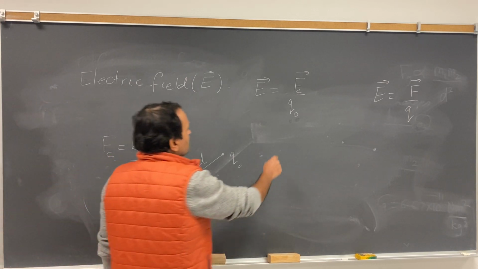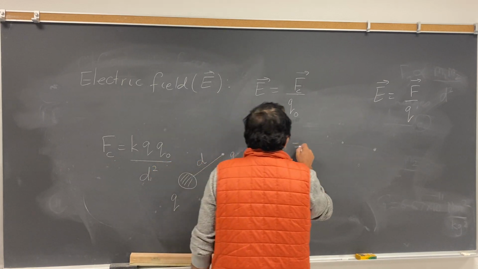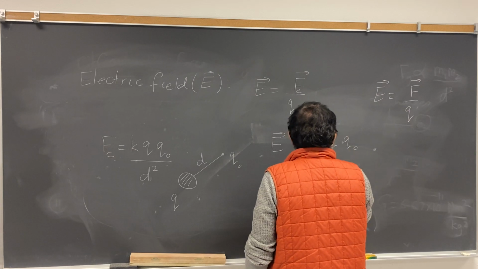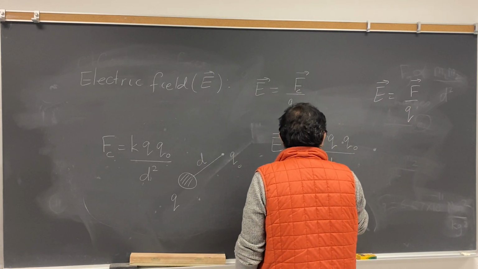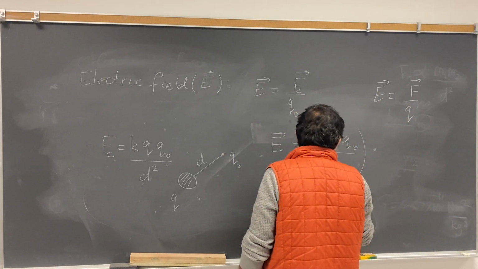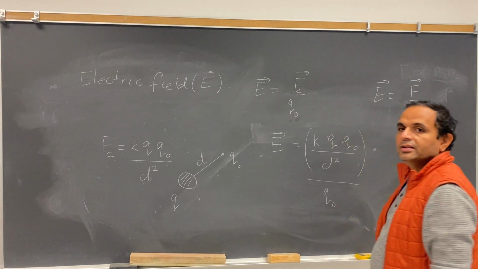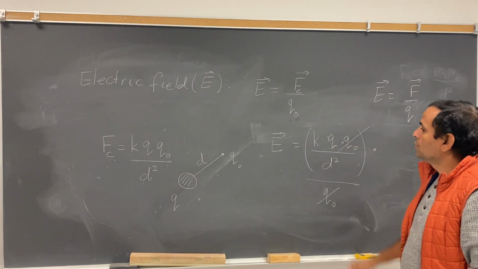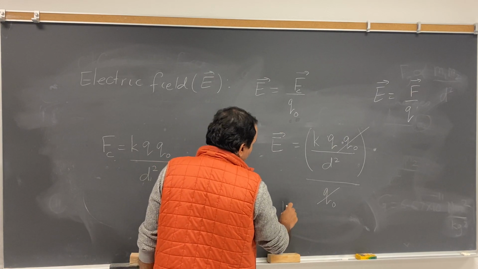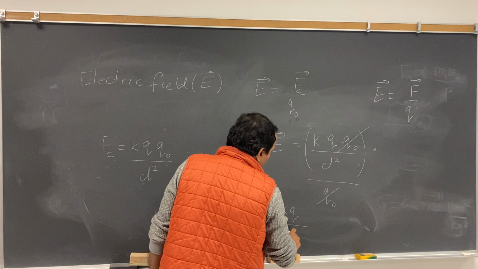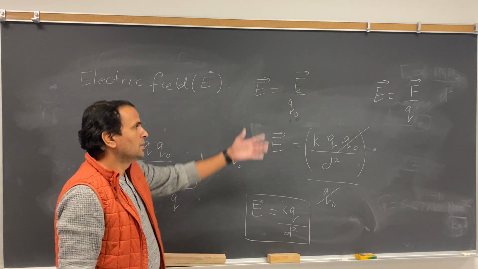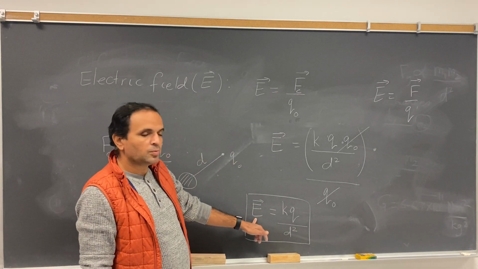Now plug in here: E equals F of C, which is K Q Q0 divided by D square, divided by the test charge Q0. Now you can cancel Q0 and Q0. So what is your electric field? E equals K Q divided by D square. This is another formula, and you can use this formula or the earlier one.